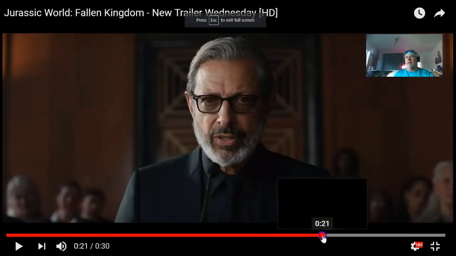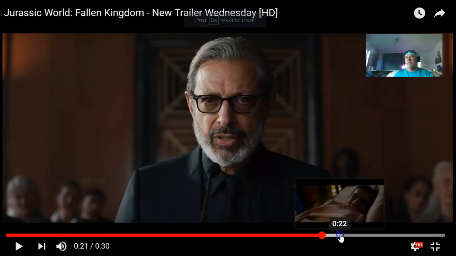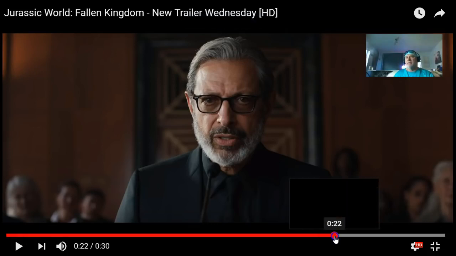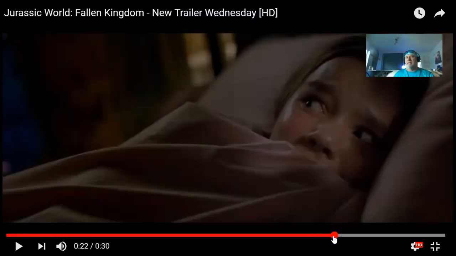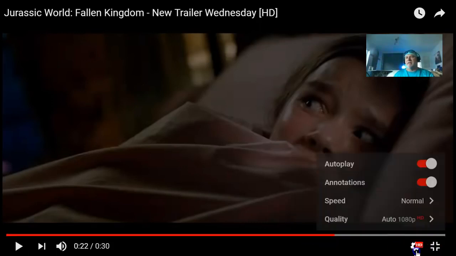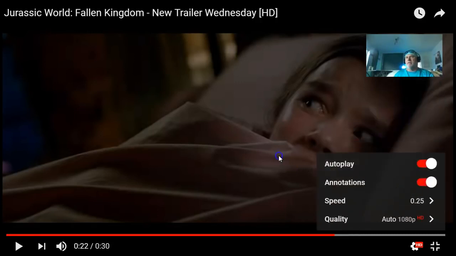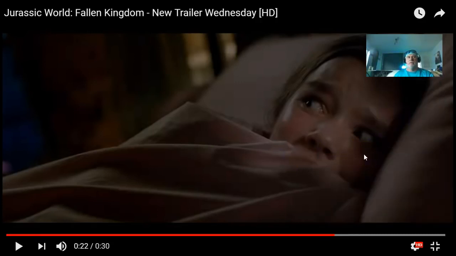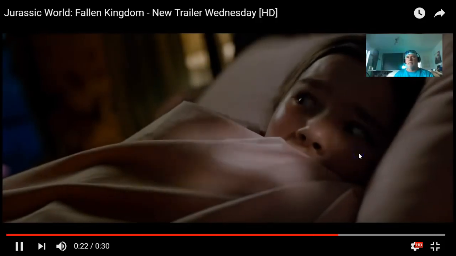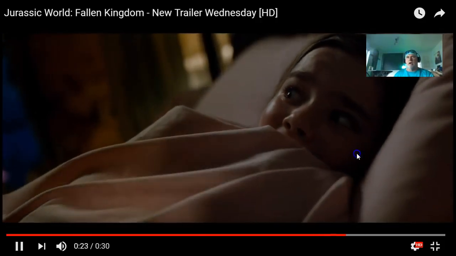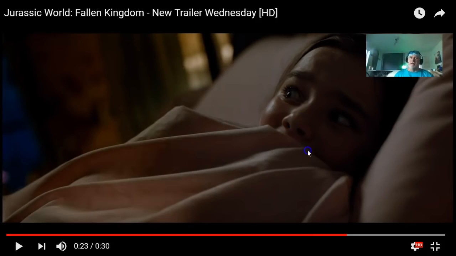I really didn't want to get that in there, but let's see. Let me see if I can slow this down. Speed, slow. Okay, look at the shadow going over the little girl.